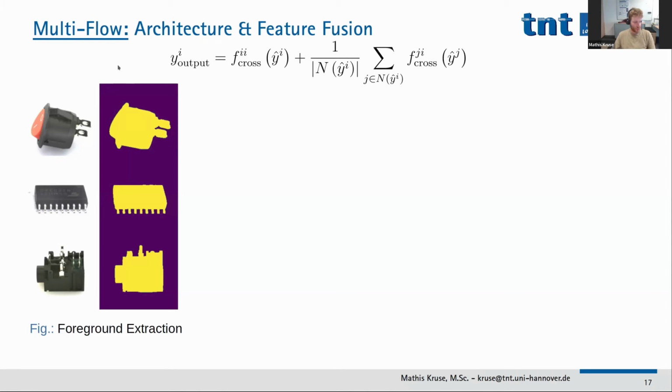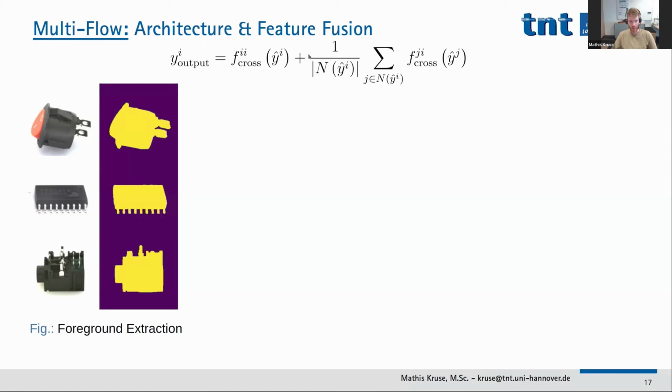I then want to, at each step, essentially aggregate information across neighbors. So this yi is essentially one view of my object. And I want to process it with some f cross, which is just some kind of ResNet block, or in my case, convolutional blocks.